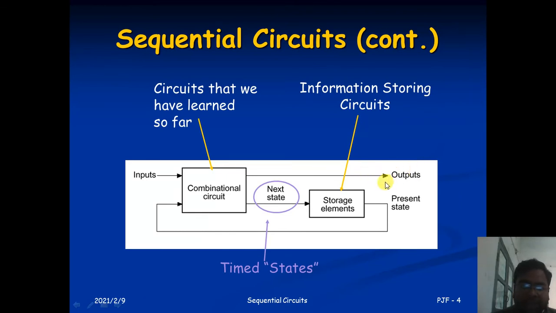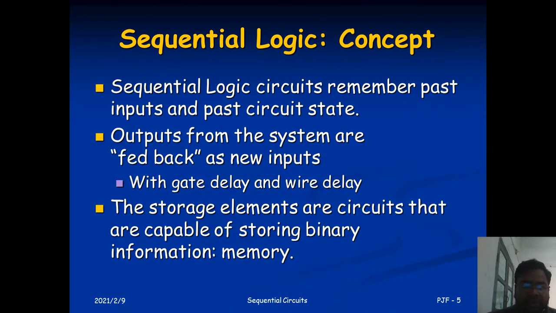So the output in this case is dependent on the input and the output of the previous state. So this is the logical diagram of the sequential circuit, in which the output is fed back from the previous inputs.